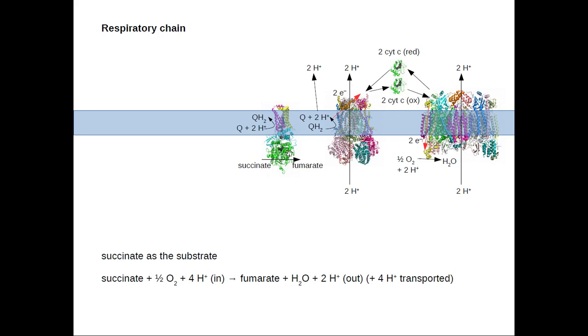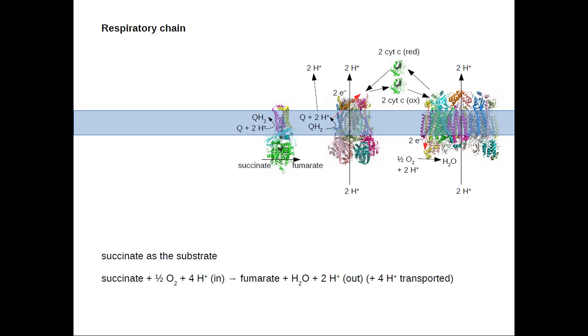So at the beginning there is FAD prosthetic group converted to FADH2, and then this FADH2 releases these protons, and electrons travel here and they convert coenzyme Q from oxidized to reduced state, and then the rest is the same story as in the previous slide.